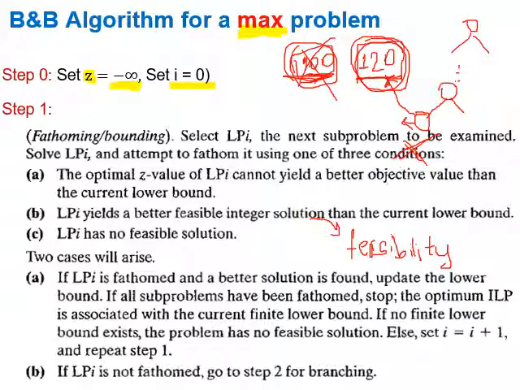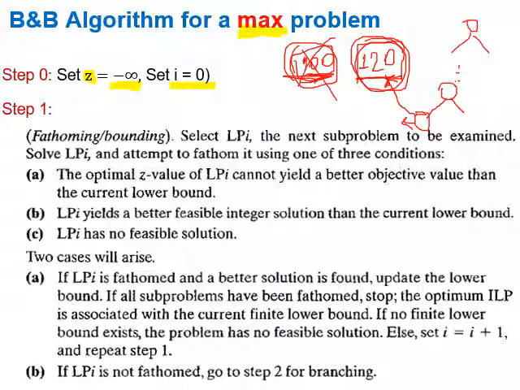And the last alternative for fathoming is this. Again, we solve this problem in this branch. And this is an LP. We try to solve it. But the thing is, there is no solution to this LP. That LP is infeasible. There is no solution that satisfies all the constraints of this LP.